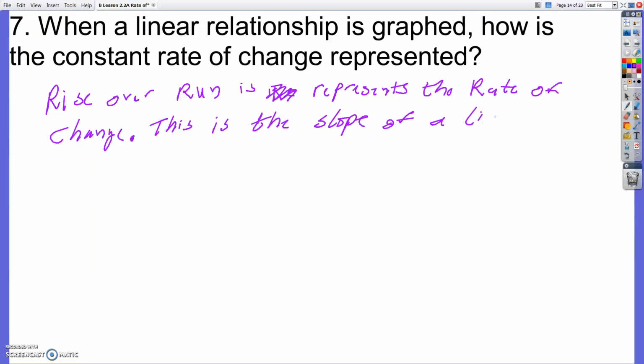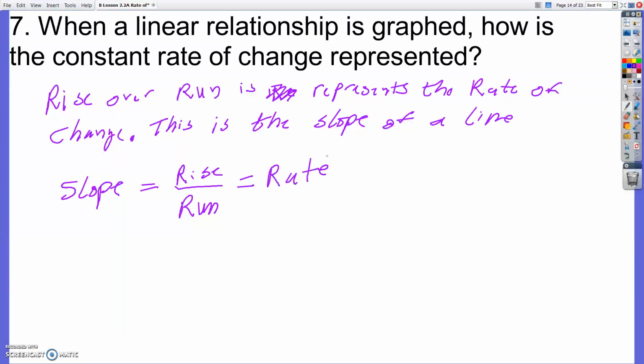Some of you might have heard that word slope, some of you may not have, and that's okay. So I just want you guys to realize that slope is equivalent to rise over run, which is also equivalent to rate of change. So anytime I say any of these words, they're all the same for one particular line. All right.